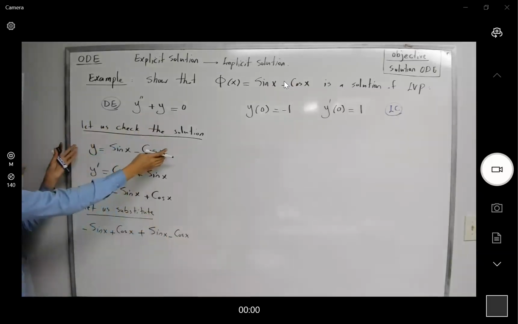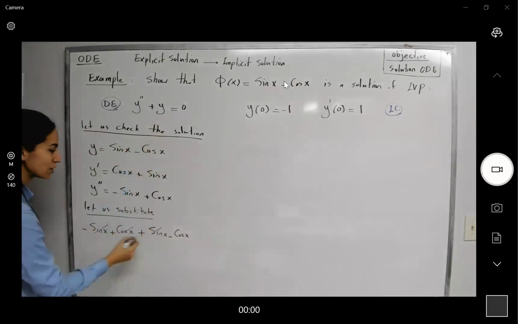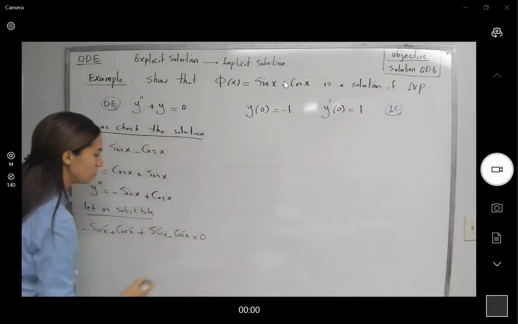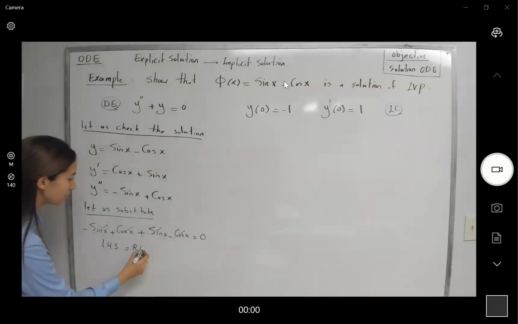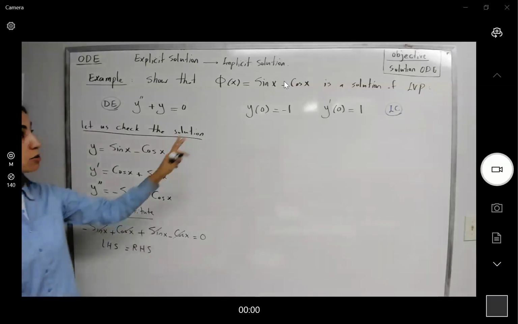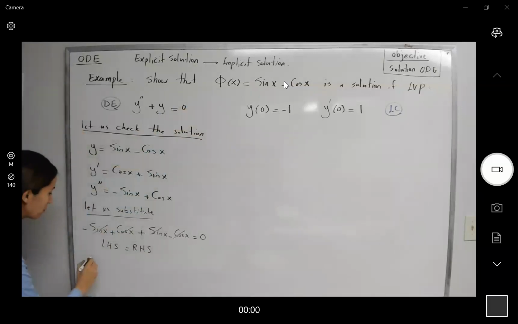So this function is a solution of this differential equation. Well, this is obvious to see. These two are opposite to each other, also the same for cosine, and the sum is equal to 0. So the left-hand side is equal to the right-hand side. So far we know that this solution satisfies the differential equation.